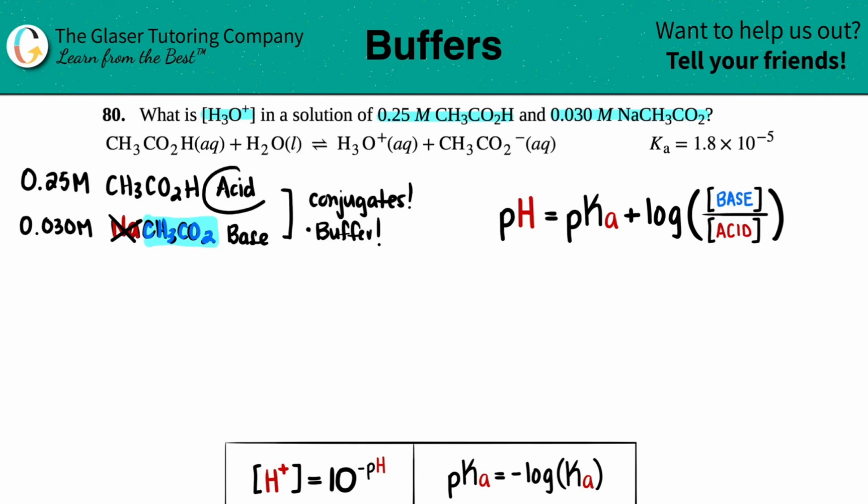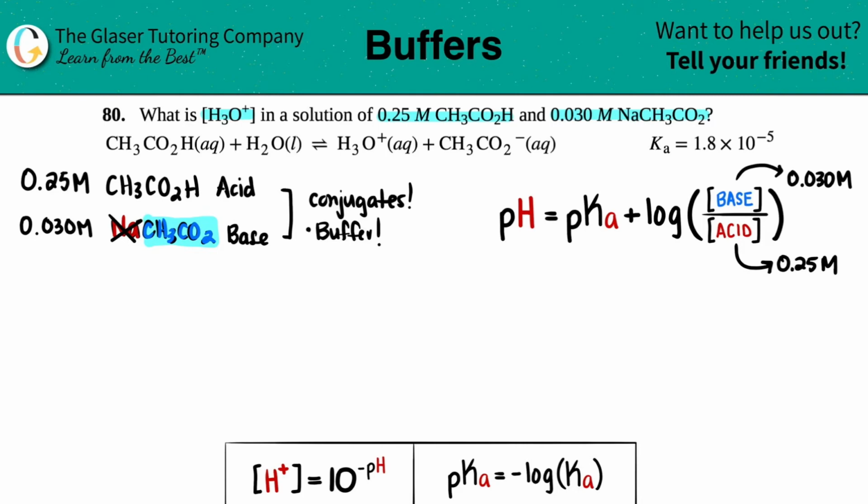We know that the acid is the 0.25 molarity, and the base is the 0.03 molarity. Keep in mind that you can only use molarity or moles. You cannot use grams.